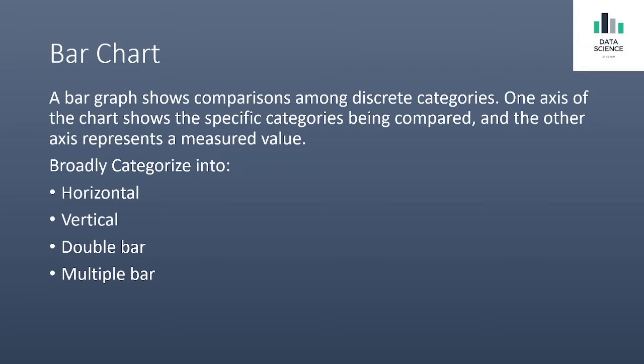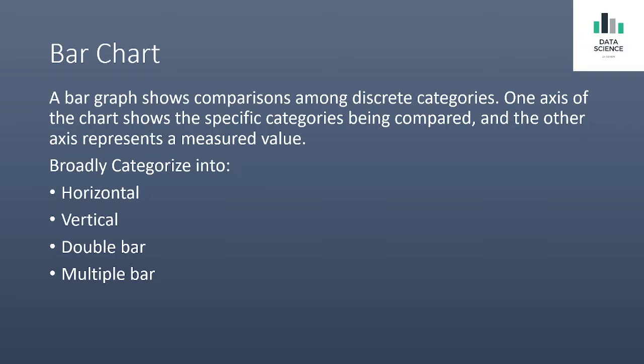A bar graph shows comparisons among discrete categories. Gender, for example, has two categories, male and female, and sometimes others also.